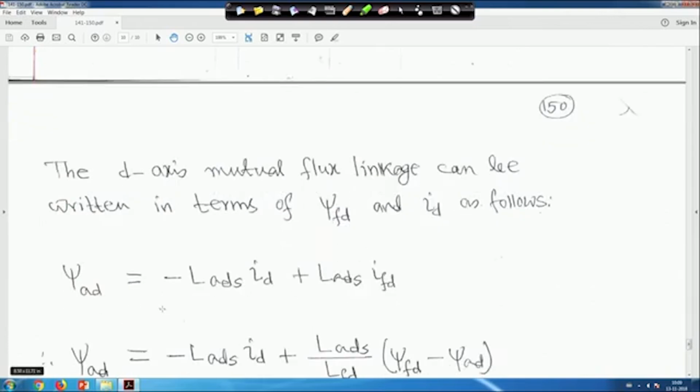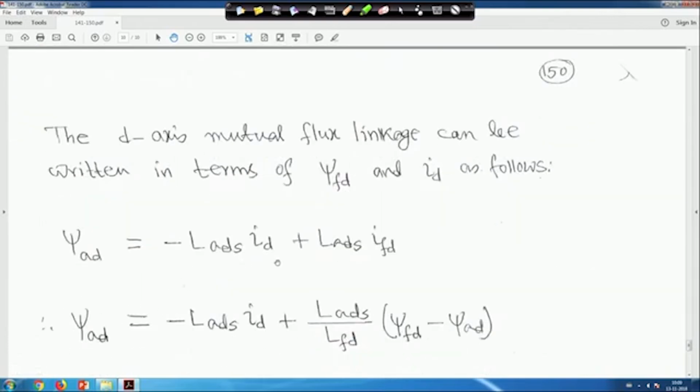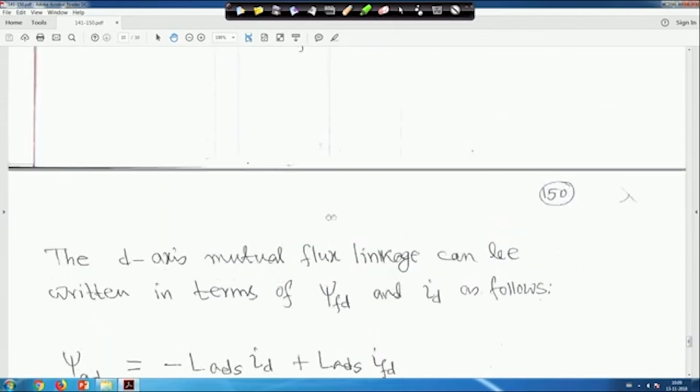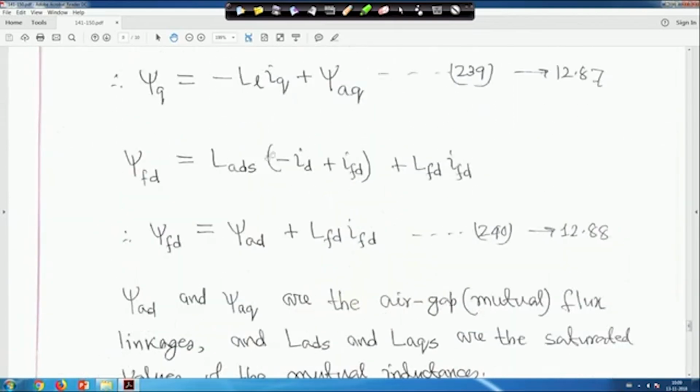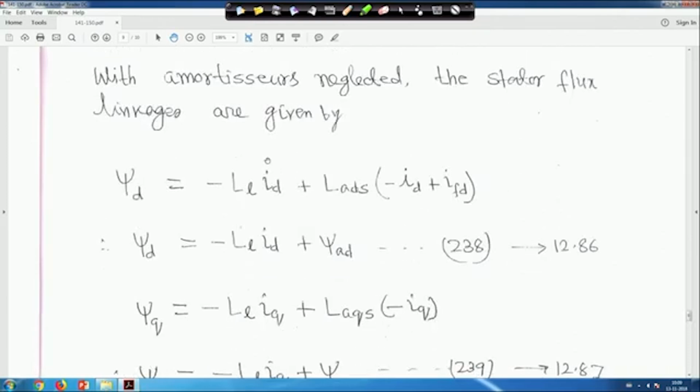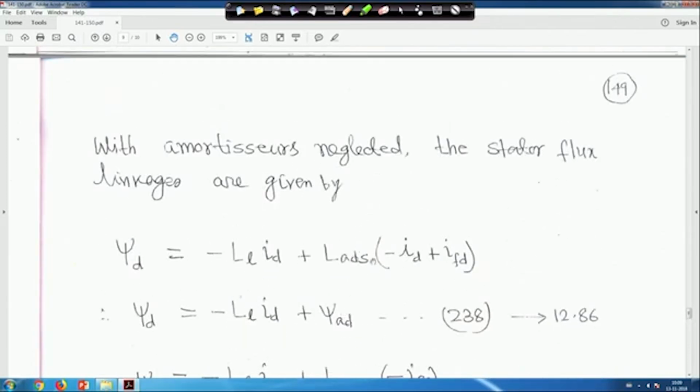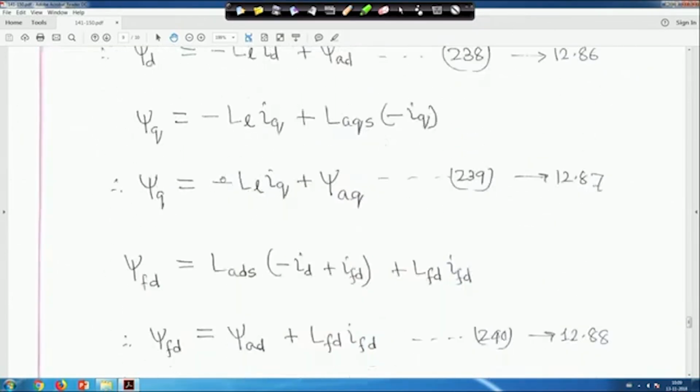Therefore, psi AD can be written as minus LADS ID plus LADS IFD. This is psi AD, it is psi AD is equal to minus LADS ID plus LADS IFD.